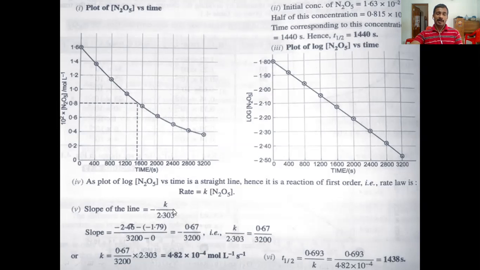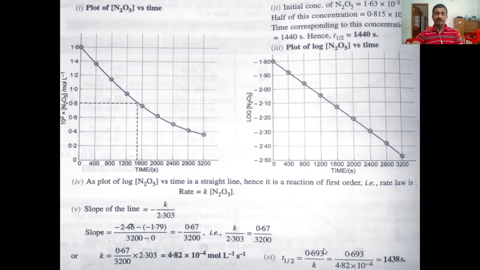That is K by 2.303; here there is a minus, here there is a minus, both cancel. 0.67 divided by 3200, or K is equal to 0.67 divided by 3200 into 2.303, equal to 4.82 into 10 raised to minus 4 per second.